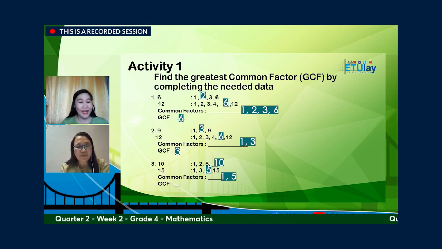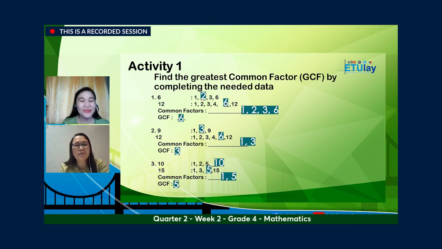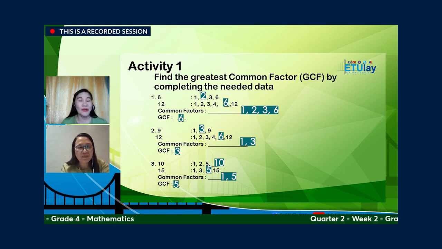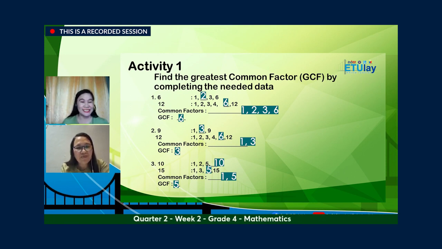So, ano ang ating GCF ngayon kung ang common factors natin ay 1 at 5? Tama, it is 5. Yan, ang gagaling talaga ng ating mga learners. So, this is how to use listing method in getting or in finding the GCF.